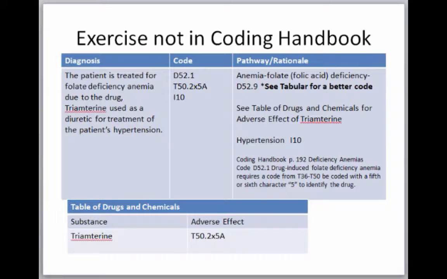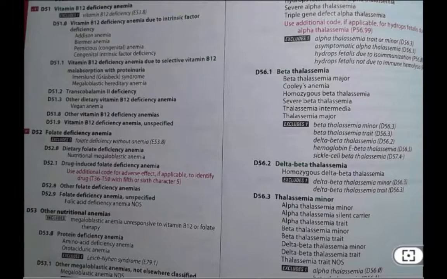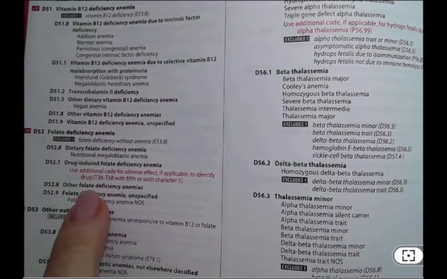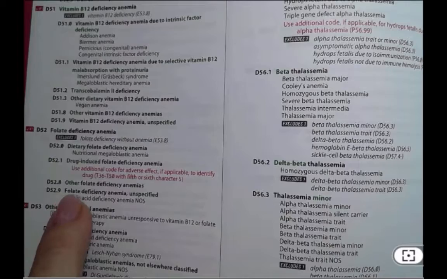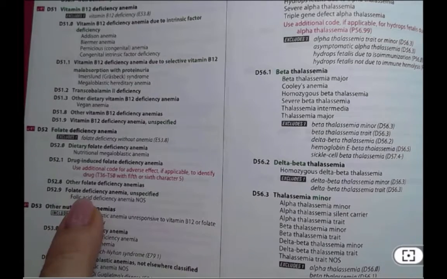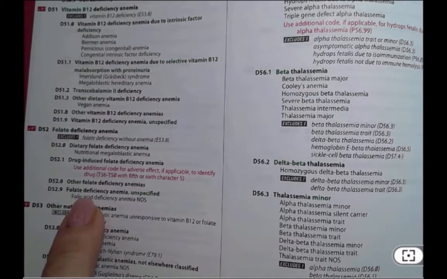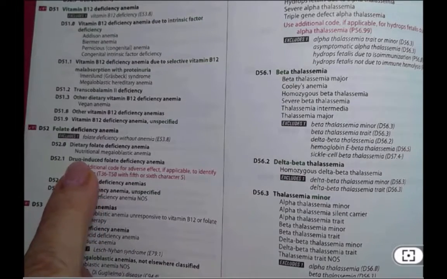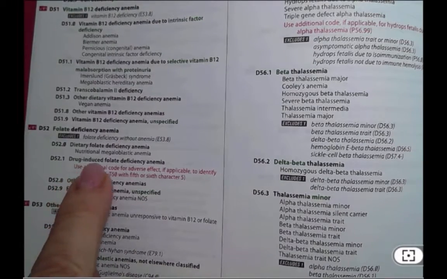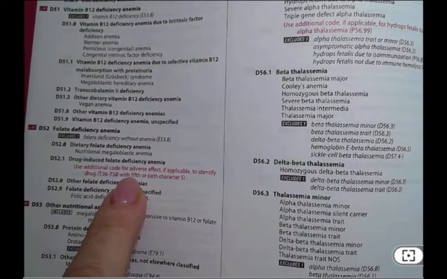So if we were in the alphabetical index under anemia, folic acid, we would get this D52.9 code. But then when we go to the tabular, I want to show you what happens. So you see where the alphabetical index took us to the D52.9 code, but we know that this patient is on a drug, so really this should be the right code, a drug-induced folate deficiency anemia.